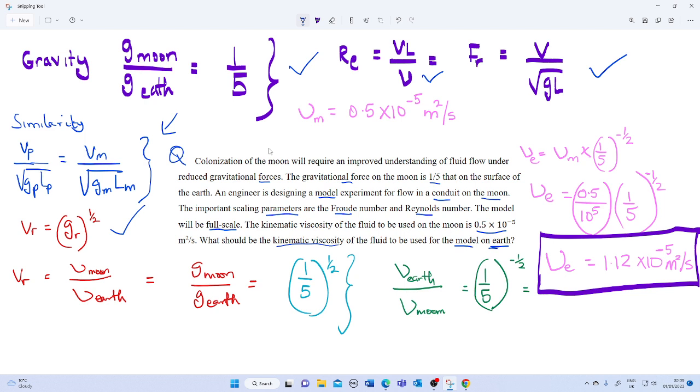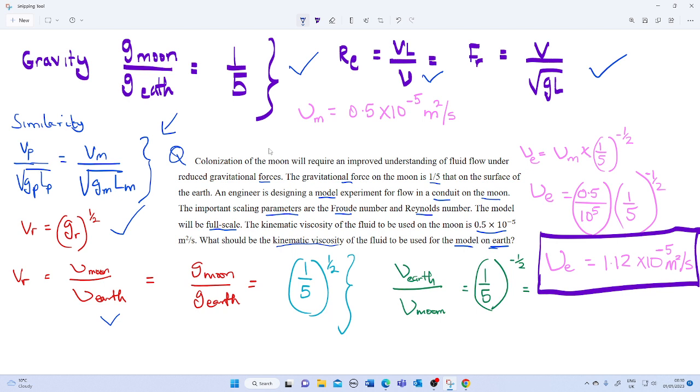From there, as we know, the ratio for the VR becomes the ratio for the kinematic viscosity of the moon to the Earth, which is written here. So therefore, we have G moon over G Earth, which gives us 1/5, all raised to power 1/2.